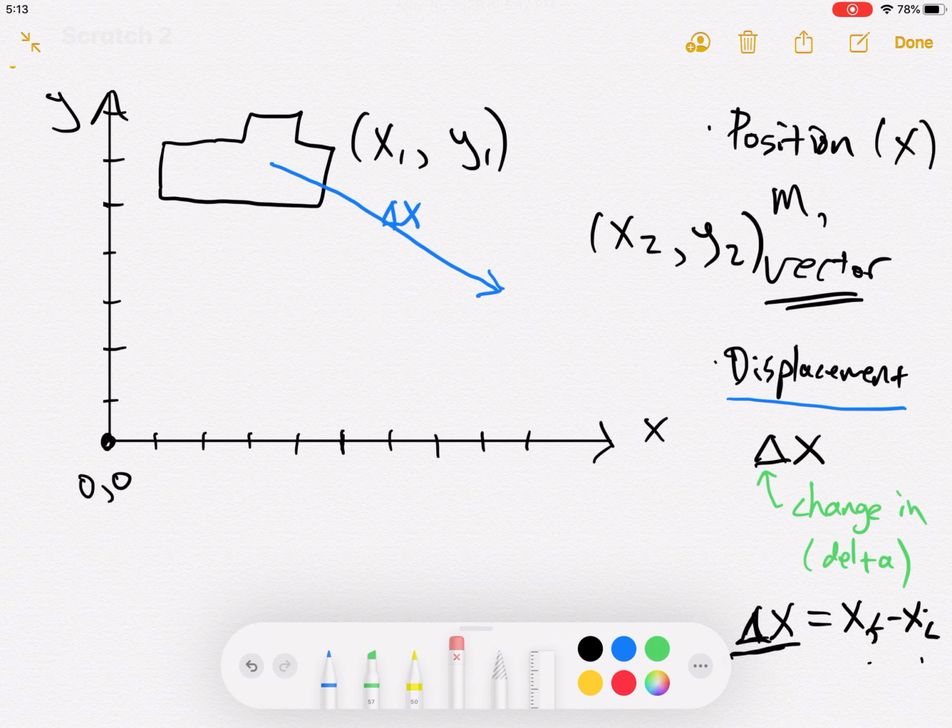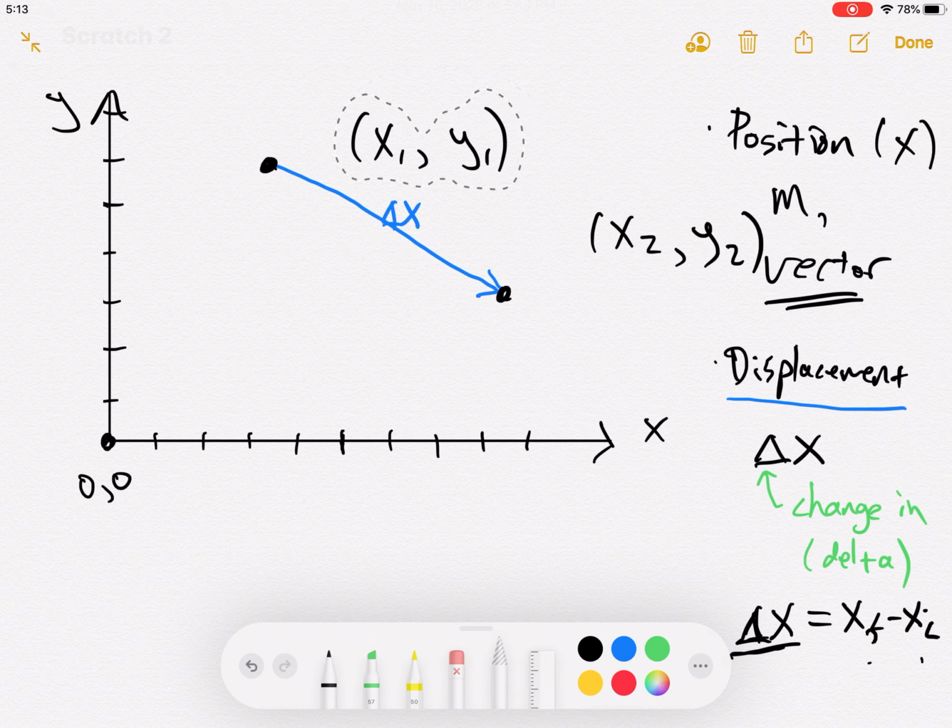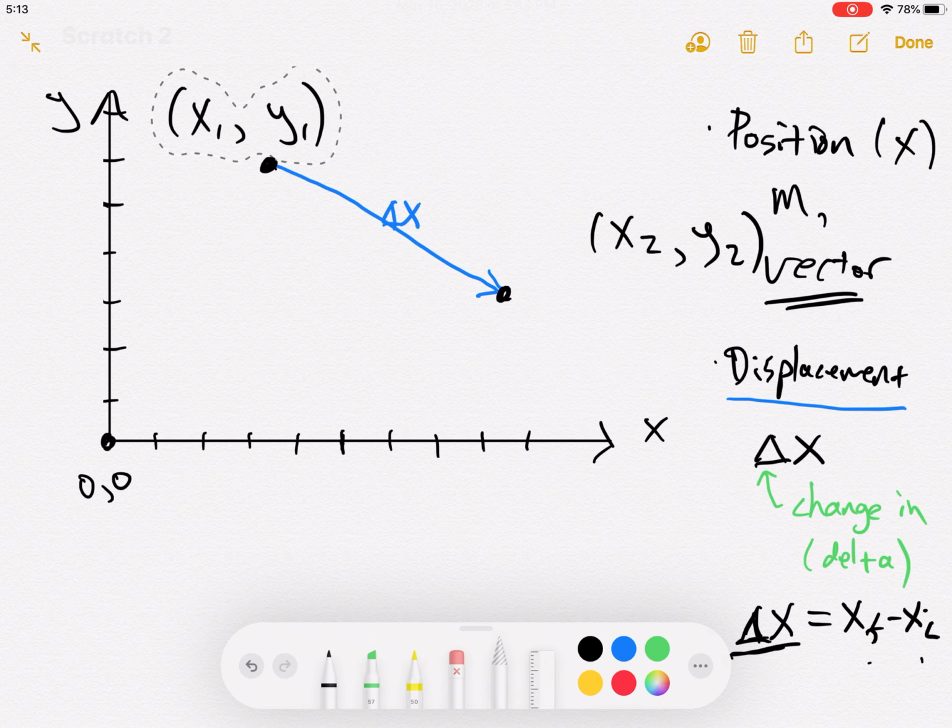Oh man, this is magical. Right? So here's my initial point. Here, there. There's my initial point. There's my final point. In fact, I could move this a little bit. There. Right?